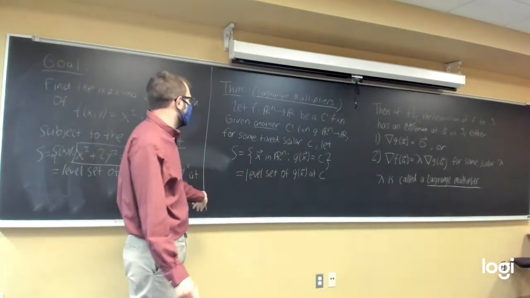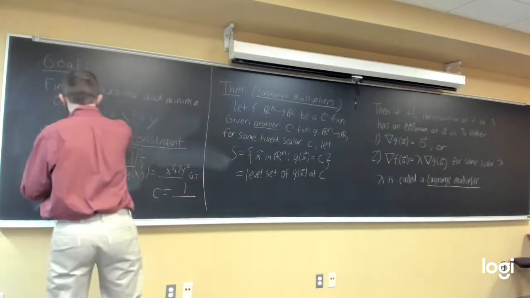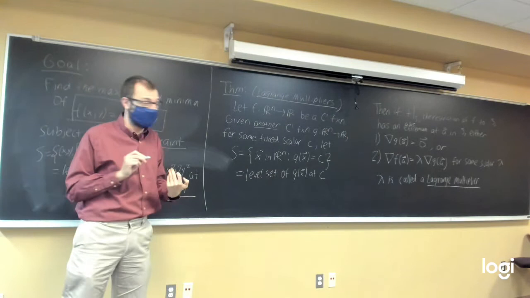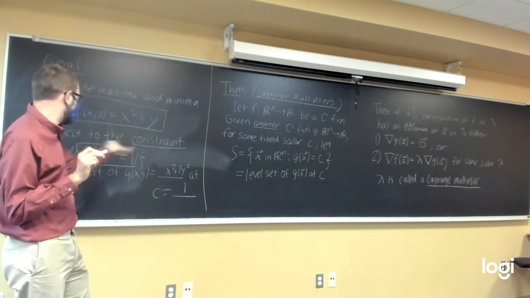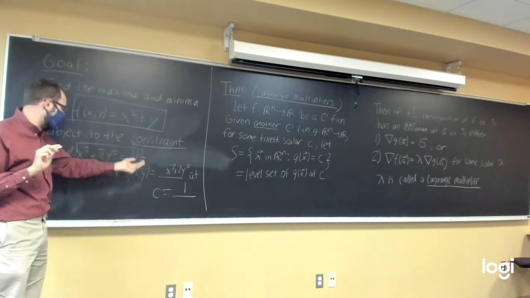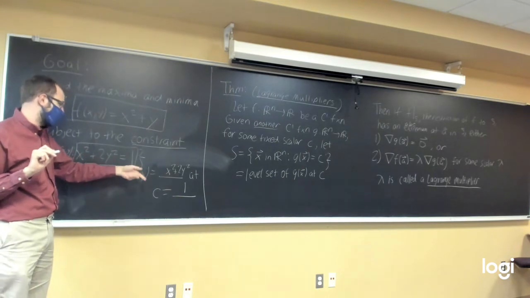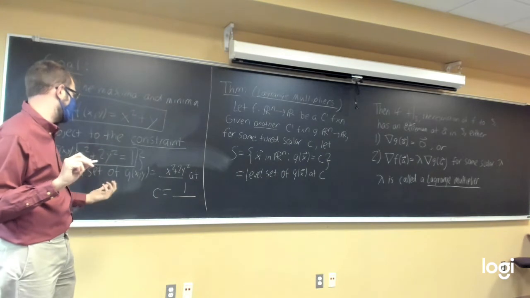So what is this theorem going to tell us? We have a function f from Rn to R. Well, we certainly do here. Here's our function f. F of xy is x squared plus y. We have a constraint, x squared plus 2y squared equals 1, which we can treat as being the level set of some function g from R2 to R in this case, where g of xy is x squared plus 2y squared.